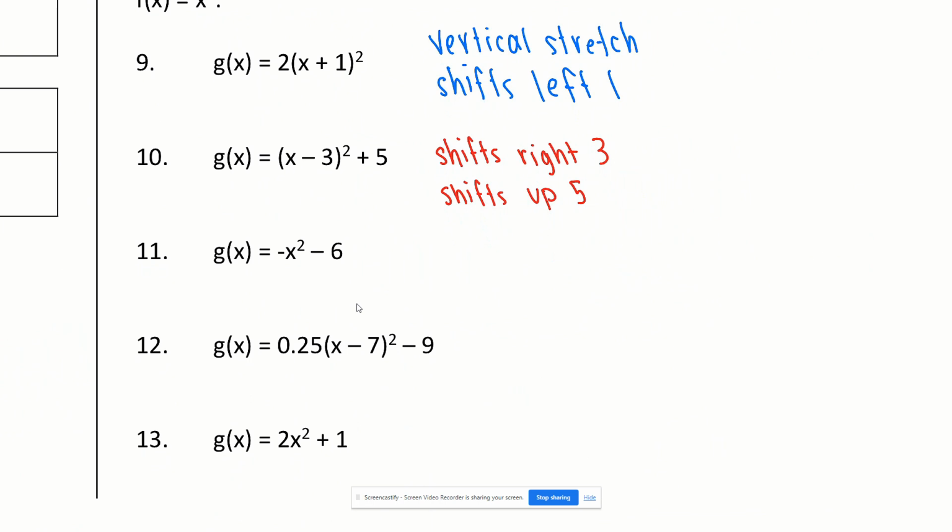Either put vertical reflection or say that it reflects over the x-axis. And then, of course, don't forget that that minus 6, it's also on the outside. It's a vertical shift. And it is what it is. So this thing's going to shift down 6.